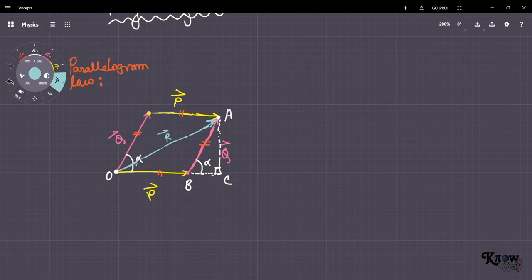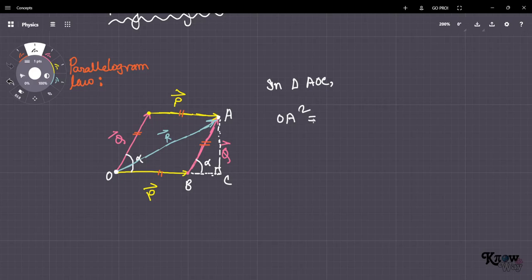So, a trick: we can find the resultant R in this whole triangle. We have to work with the whole triangle to get to the equation. Now in triangle AOC, we can clearly see this whole triangle is a right-angled triangle, right?